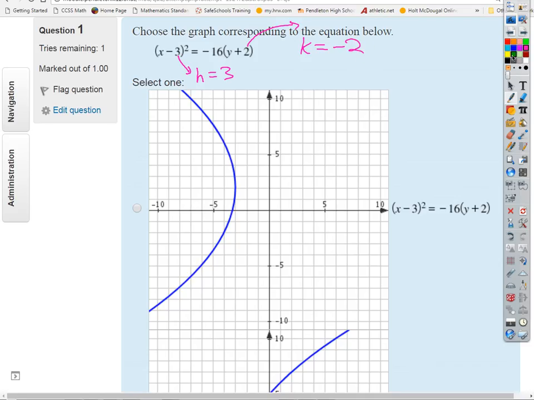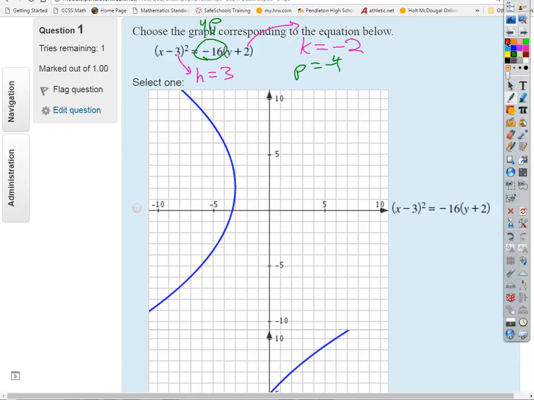And how about this one? So if -16 is 4p, it's -4, good, because we're going to set that equal to 4p and solve. All I ever do is just divide that number in front of the quantity on the right by 4. -16 divided by 4 is -4.